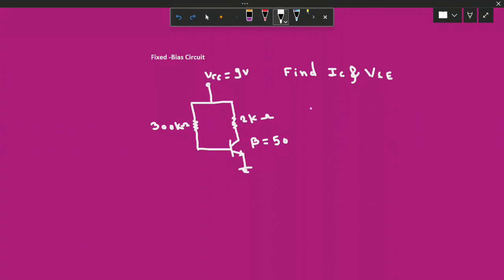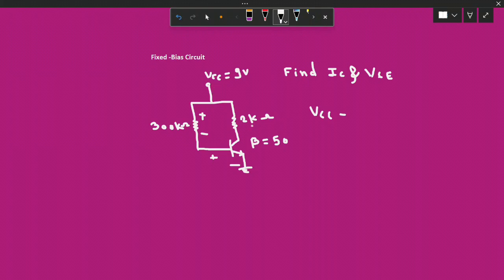So this will be VCC minus, because this is plus, this is minus, this is plus, and this is minus. So voltage across these two terminals, that is base and emitter, is VBE.